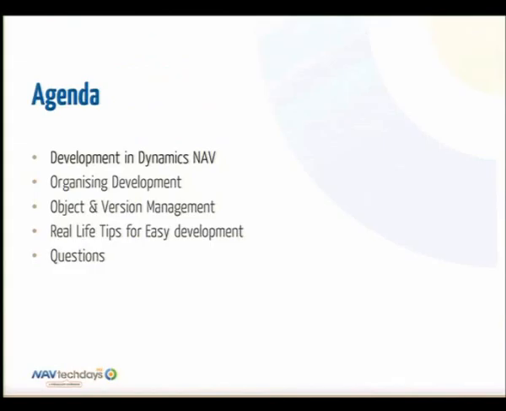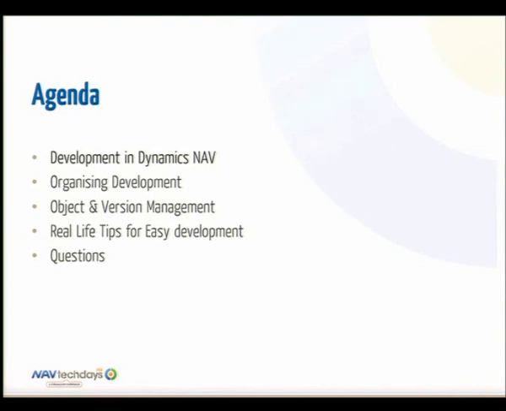So we're going to talk about development in Dynamics NAV, defining what is development in Dynamics NAV, and then we're going to talk about organizing development. We're going to talk about object and version management, and the difference between a version of an object and a version of a set of objects.